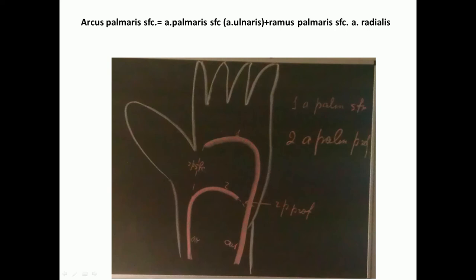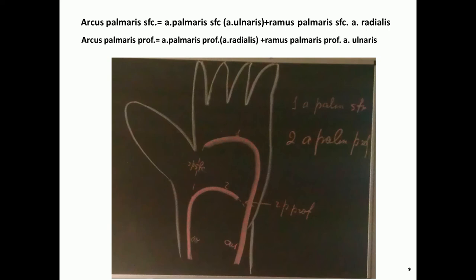And analogically, arcus palmaris profundus equals arteria palmaris profunda, here it is, number 2, the ending part of arteria radialis, plus ramus palmaris profundus from arteria ulnaris. So the abbreviations which we designated in this scheme, I explained with this equation for remembering.